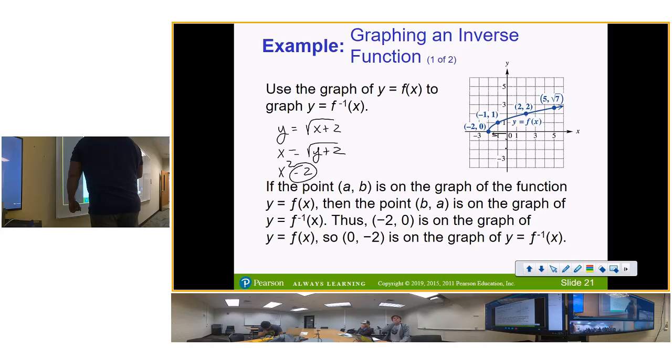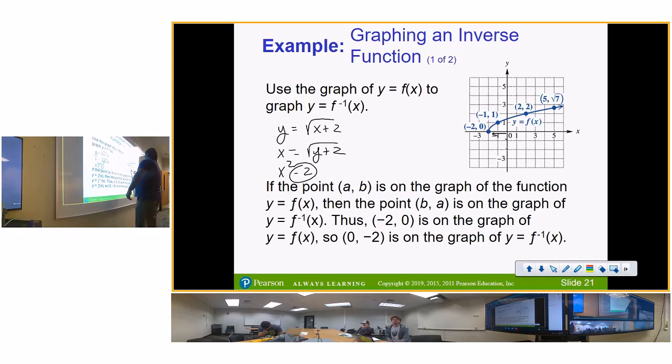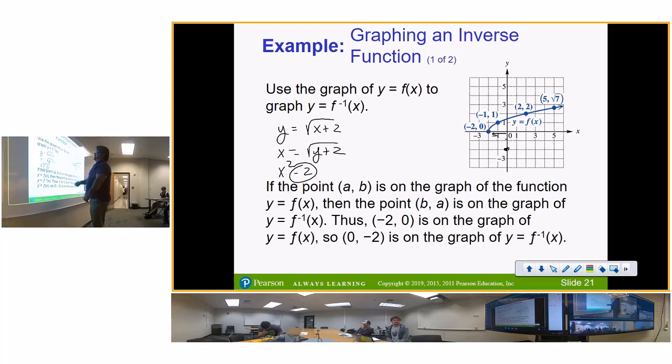And you could find your vertex, but it looks like to me, if you set these two equal to each other, square root of x plus 2 is equal to x squared minus 2.